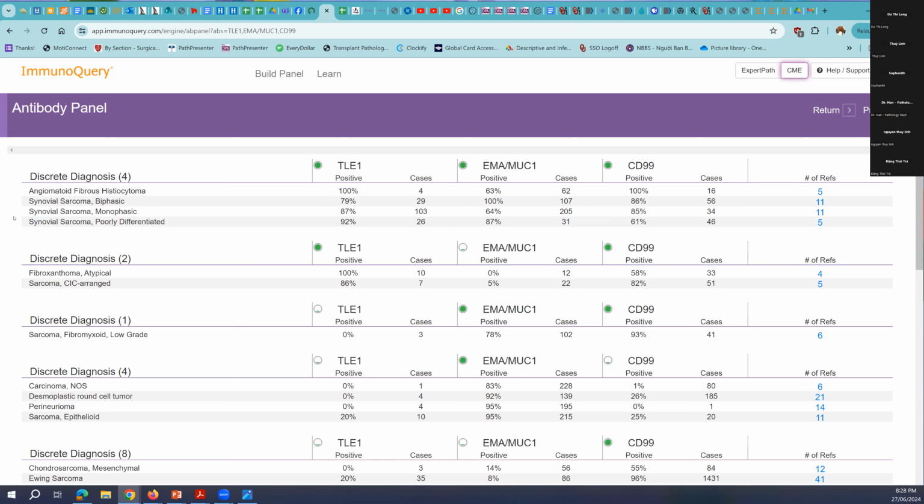But I think if I were signing this case out, I would say malignant sarcoma, spindle cell type, differential includes poorly differentiated synovial sarcoma, and possibly the CIC-rearranged sarcoma. I don't think this is atypical fibroxanthoma. That's a different clinical scenario.